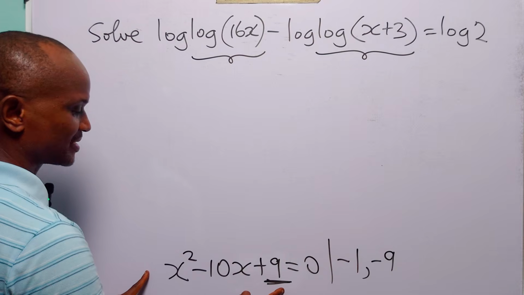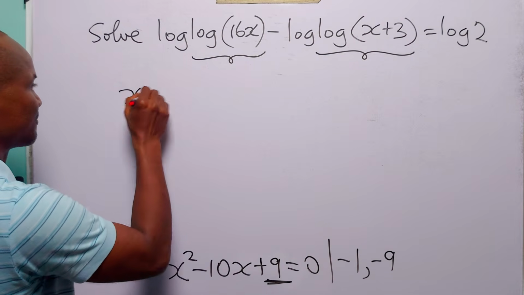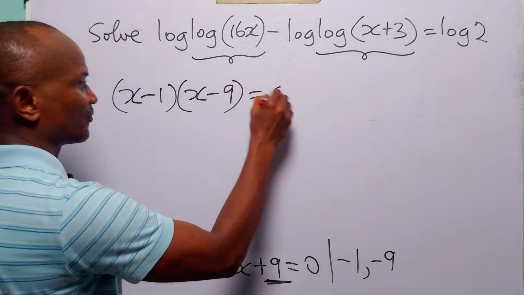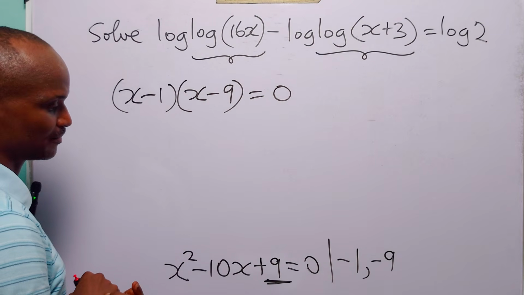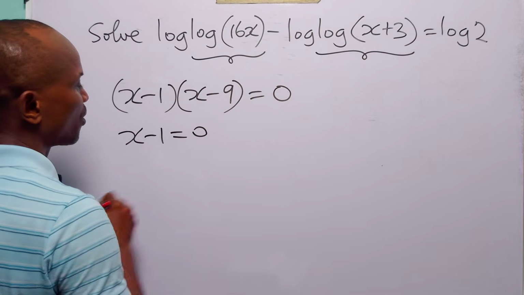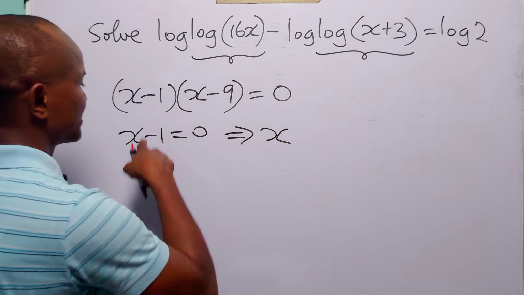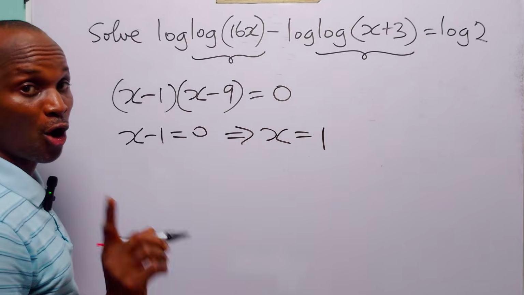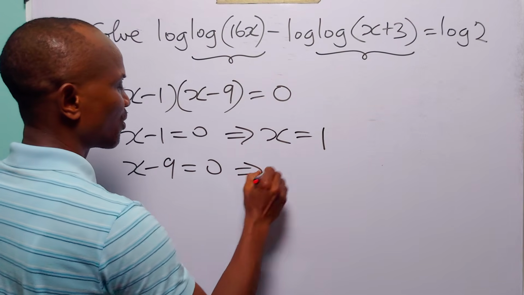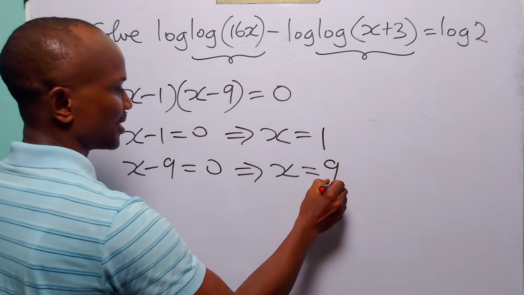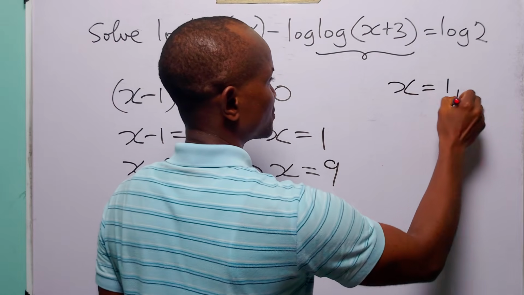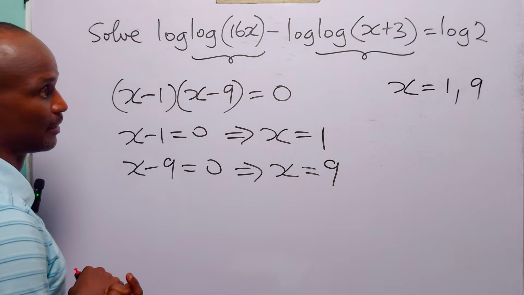So when we factorize this left-hand side, we have x minus 1 multiplied by x minus 9, and of course this is equal to 0. Now from here we have that either x minus 1 is equal to 0 from where x is equal to 1, or x minus 9 is equal to 0 from where x is equal to 9. So we have two values of x. We have that x is equal to 1 and 9.